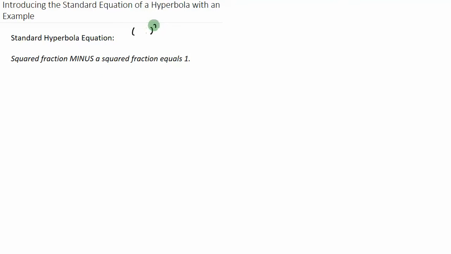You'll have one squared fraction minus another squared fraction equals 1. Now, you have a positive fraction and a negative fraction. So your positive fraction could be your x fraction, or your positive fraction could be your y fraction.